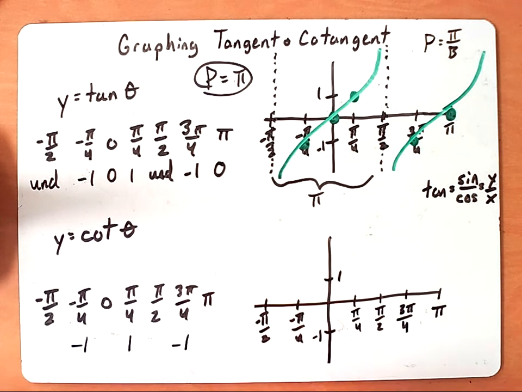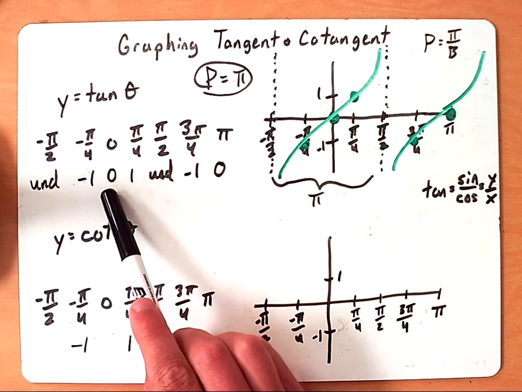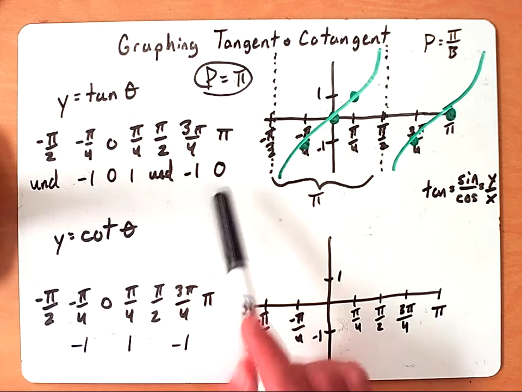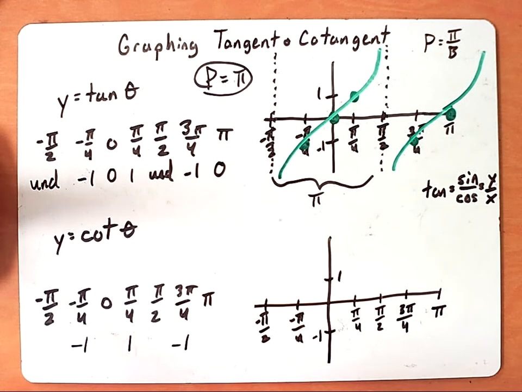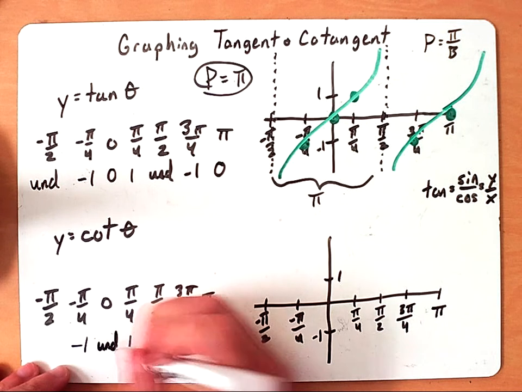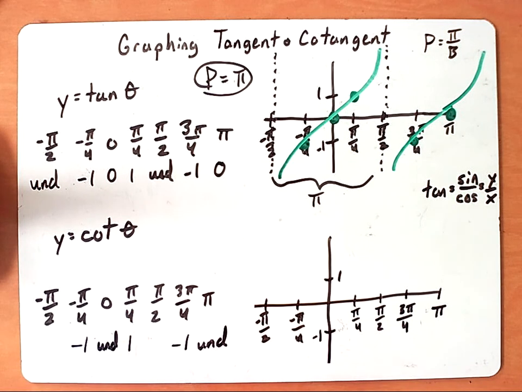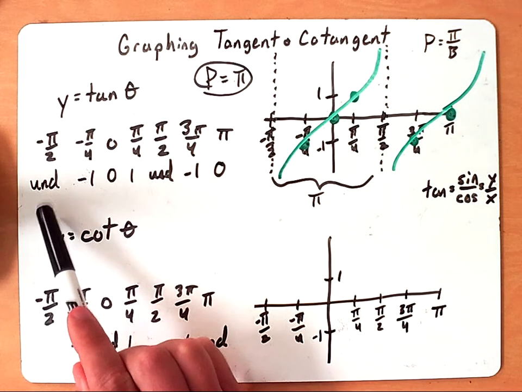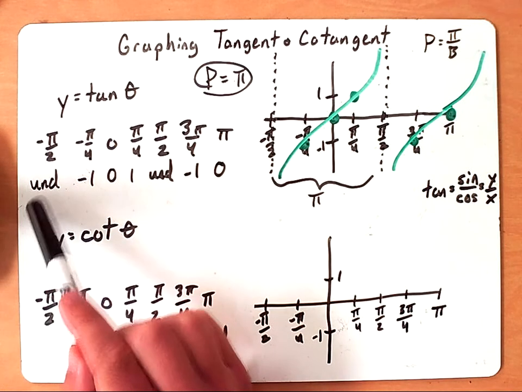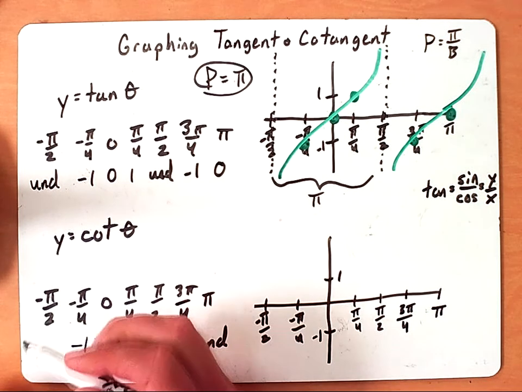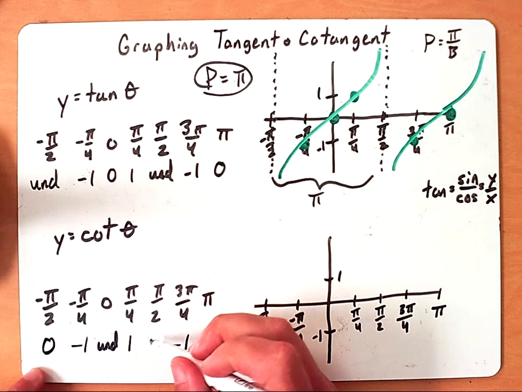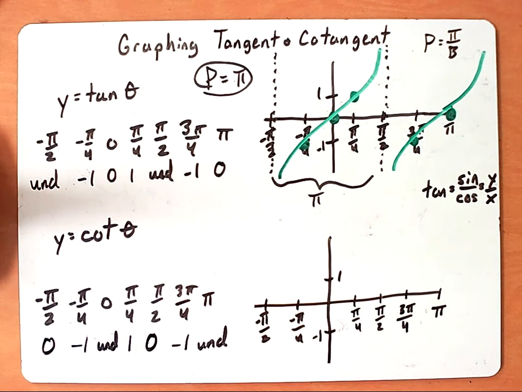Anywhere my tangent graph was at 0, my cotangent graph is going to be undefined. So my cotangent graph will be undefined at those spots. And anywhere my tangent graph was undefined, these values, 1 over 0 from your unit circle, would now be 0 over 1, and so my cotangent graph will be at 0 at those locations.